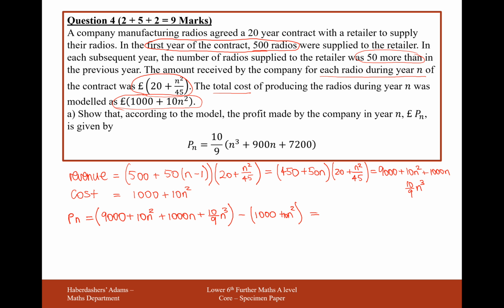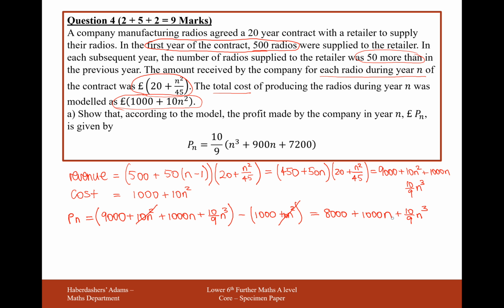Okay, so let's work this out. It looks like the 10N squareds cancel, so that's nice. 9,000 take away 1,000 is 8,000. 1,000N doesn't have anything to take away from, so it's just 1,000N here. And then we've got plus 10 over 9 N cubed.